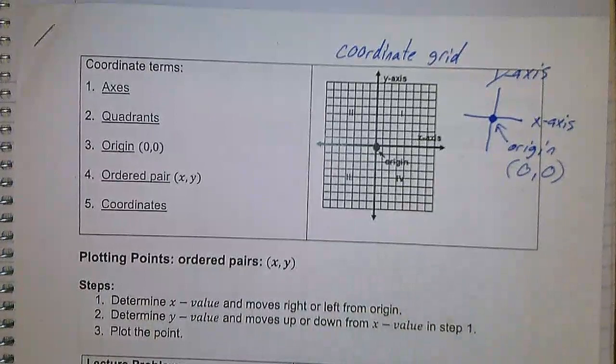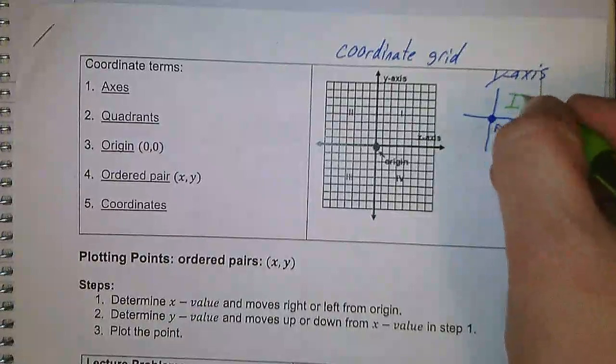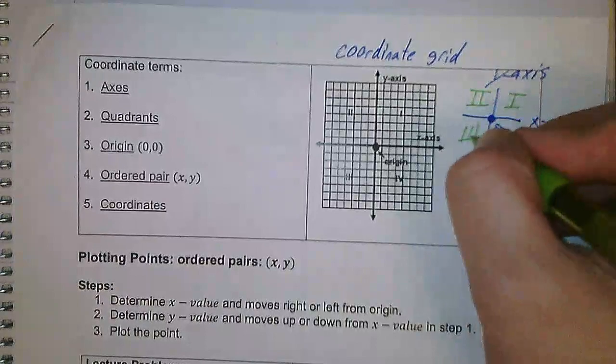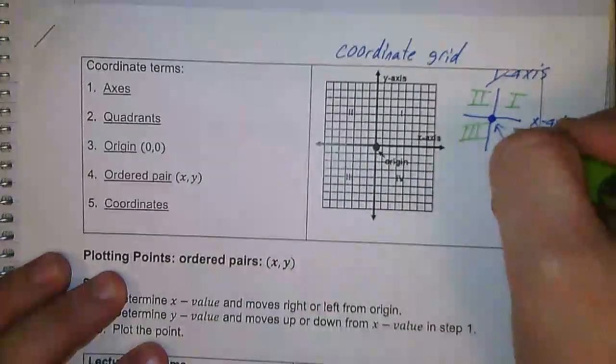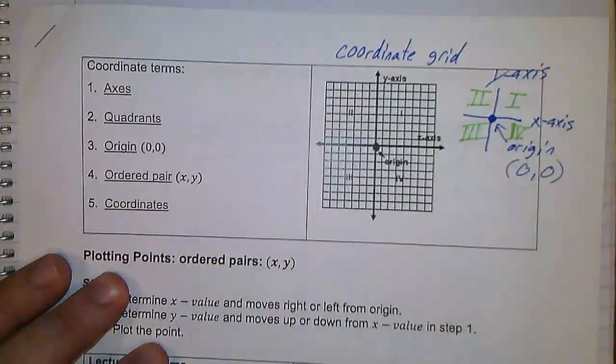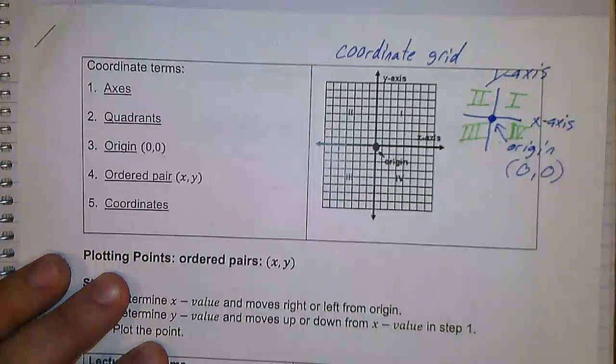There are 4 quadrants in the coordinate grid. We use Roman numerals. The only time we use Roman numerals. And this is quadrant 4. So the quadrants go 1, 2, 3, 4.